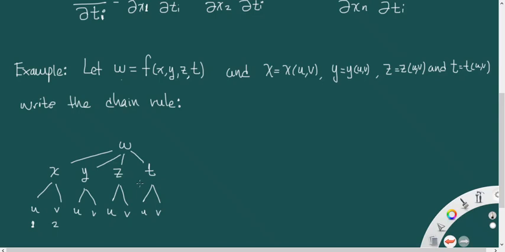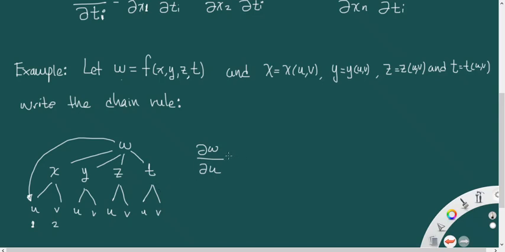So we need to write it something like this. This is the partial of w with respect to u, because we are going to go from here to here. So we are going to find the rate of change from here to here, passing through x, passing through y, passing through z, and passing through t.